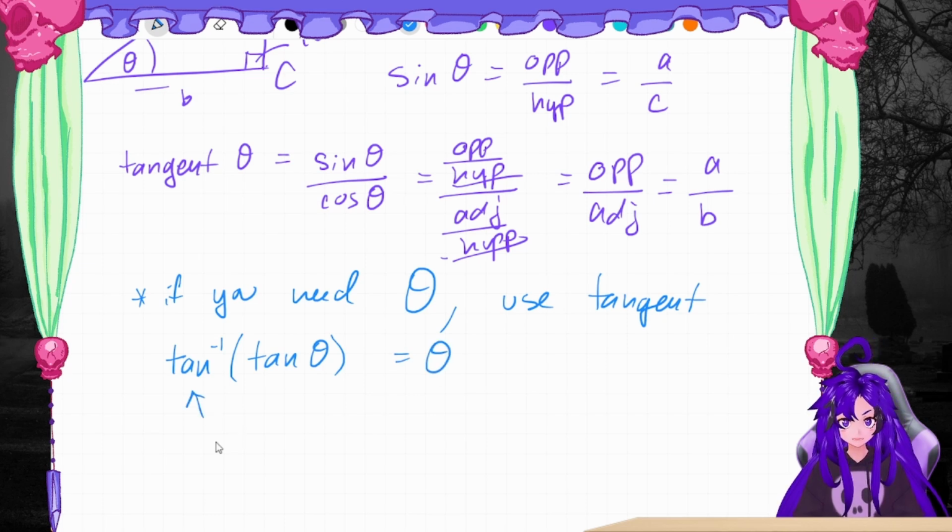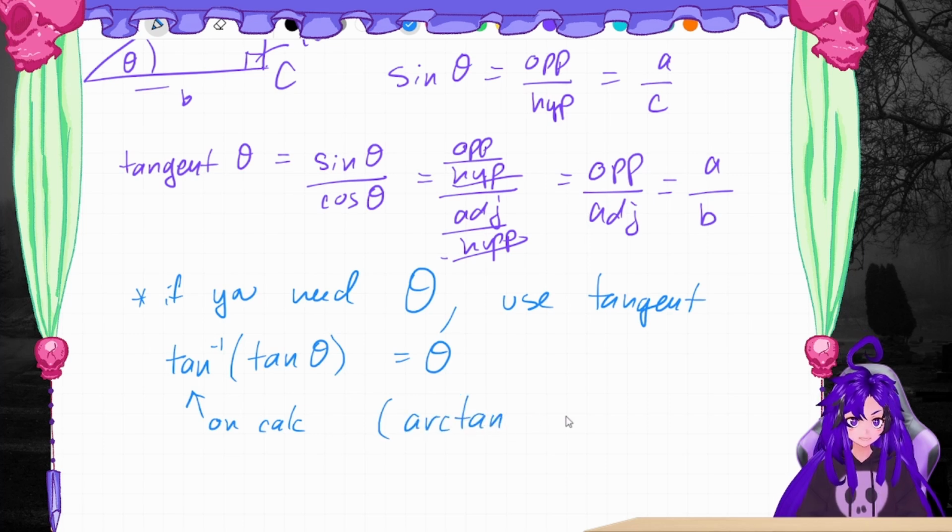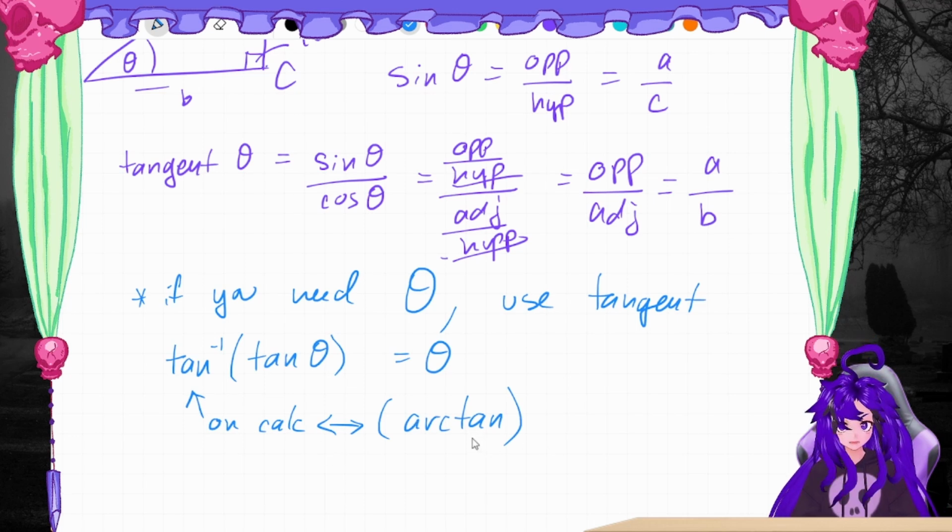This is a button on your calculator. You don't have to figure out what it is. I couldn't tell you if I wanted to. It might also say inverse tangent. These are the same thing. It just depends on your calculator breed. But either way, if you need theta, this is what you do.